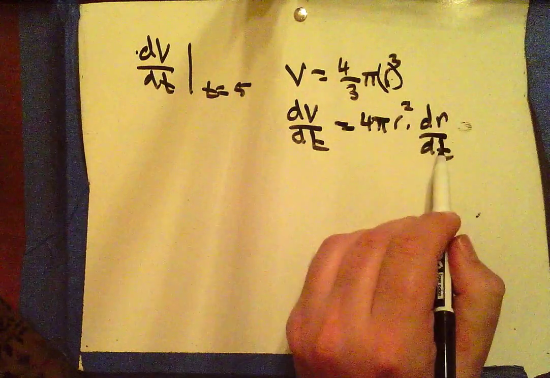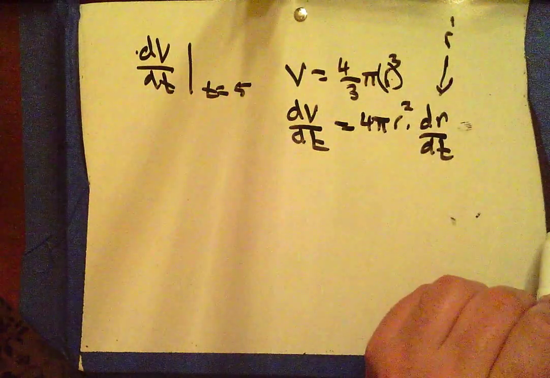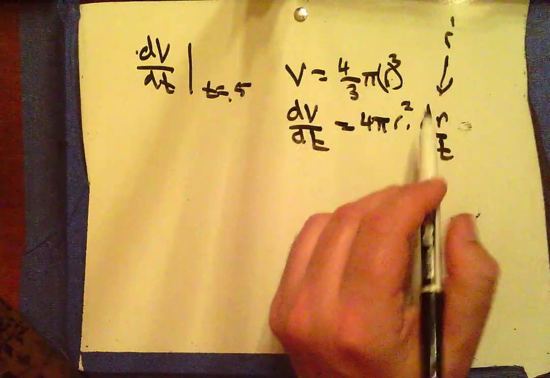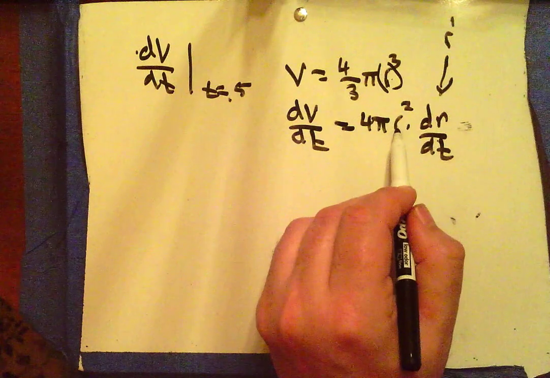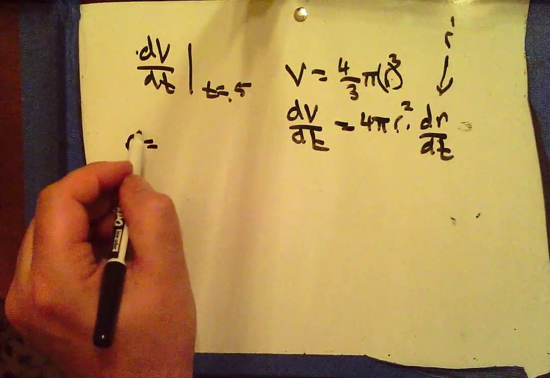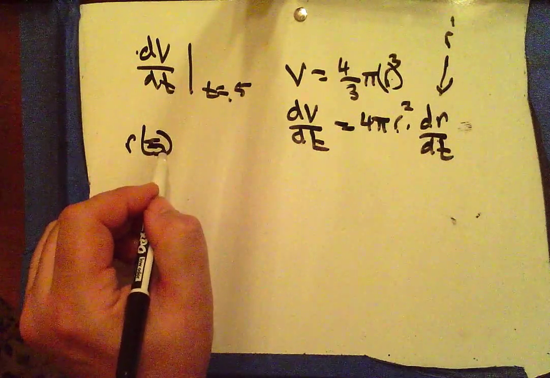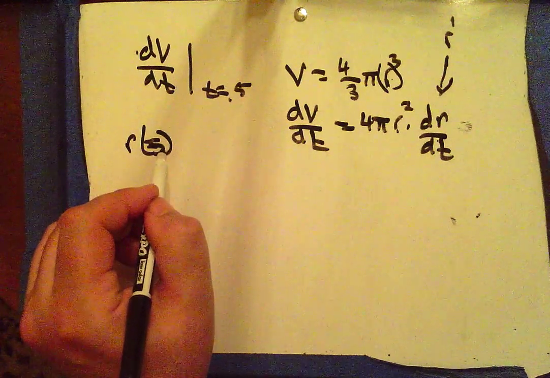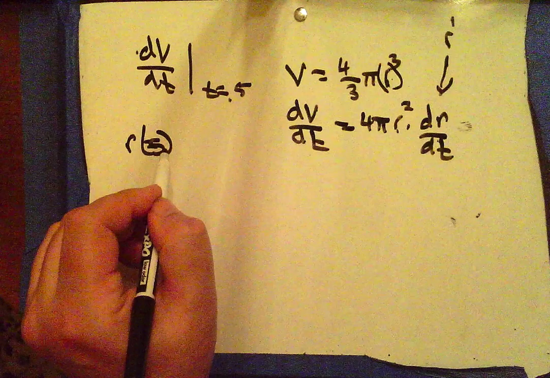Now dr/dt is our r prime from the table. So dr/dt at 5 is 2, so this value is going to be 2. But what about the radius? We want r, the radius, at 5. The radius at 5 is 30.